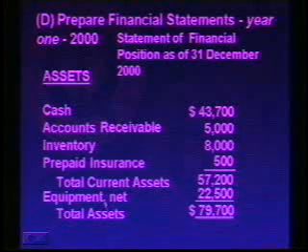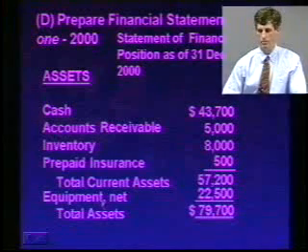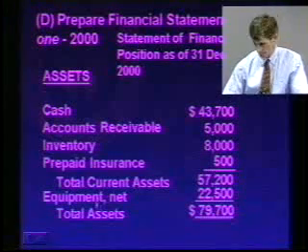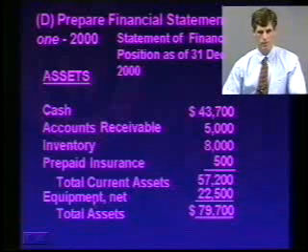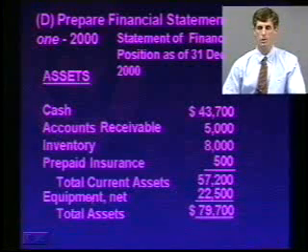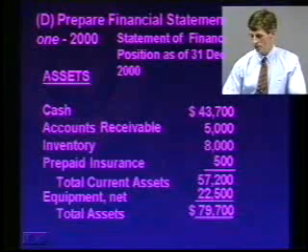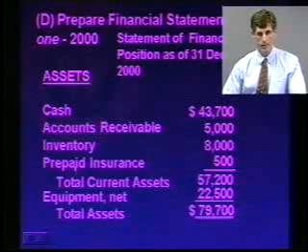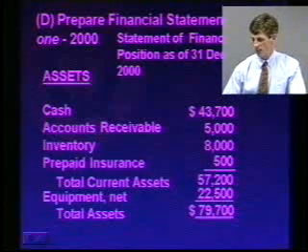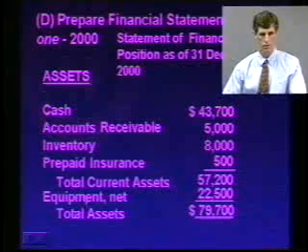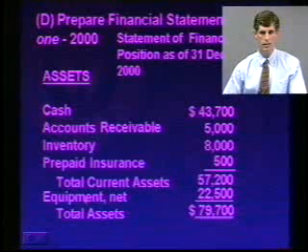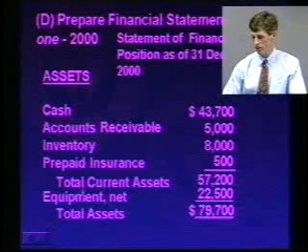What's the demarcation line? In other words, what separates a current asset from a non-current asset? 1 year or less. If we expect that thing to produce cash in 1 year or less, the receivables, the inventory, prepaid insurance, then it's a current asset. If we know it's going to last for more than 1 year, equipment, buildings, land, things like that, then it's a non-current asset. We categorize it separately.